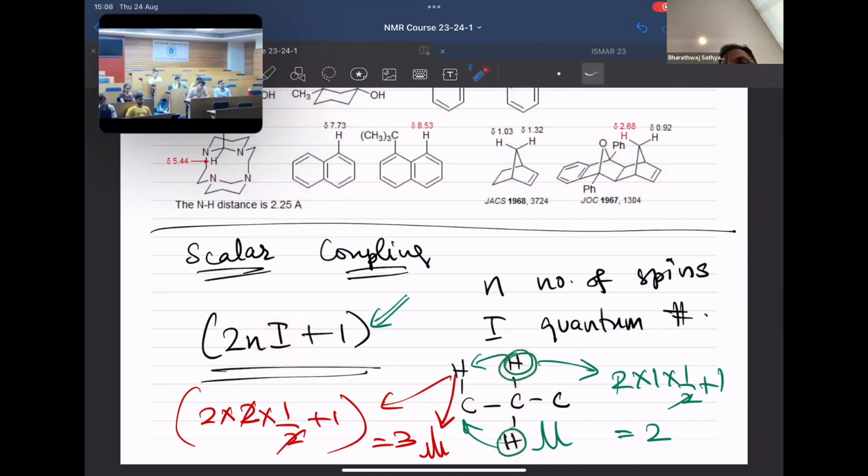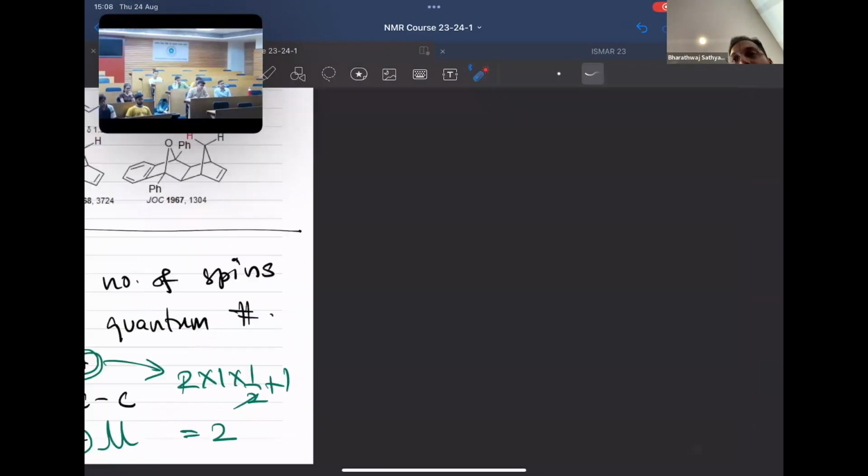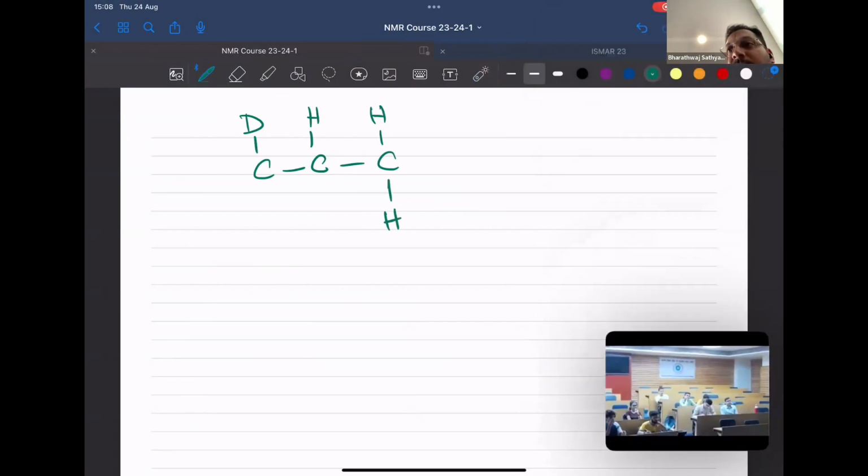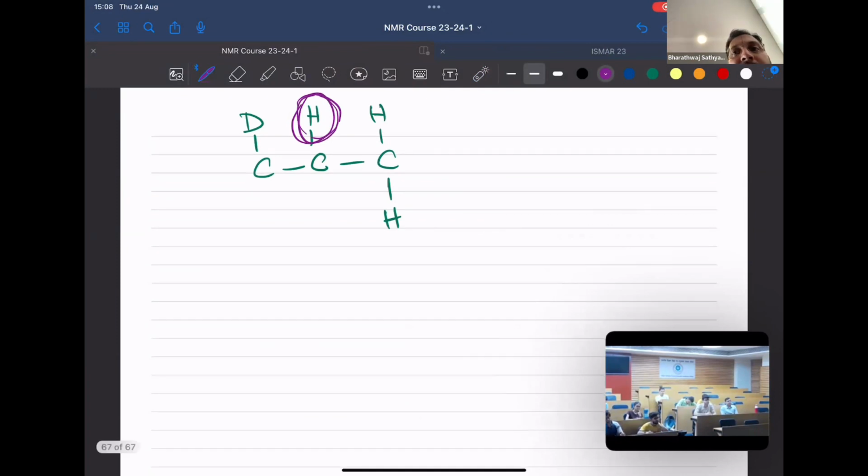protons. All right, so let me complicate life a little bit and ask you, if you have a situation like, say, CH, CD, CHH, for instance. And let's ask ourselves, what if I want to find the multiplicity of the CH proton here? So what is going to happen? It depends upon the 3JHH coupling and the 3JHD coupling, the magnitudes of these.